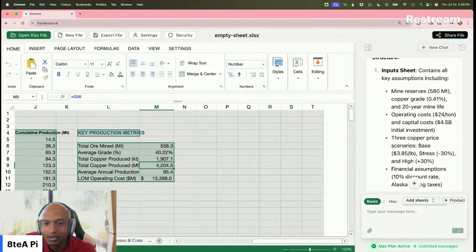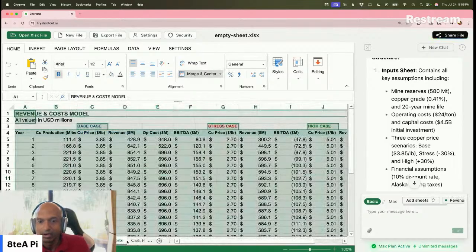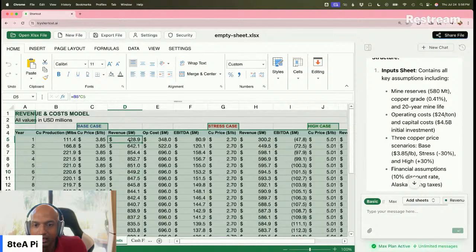All right. Total copper produced 1.9. Total copper mined, life of mine operating cost, revenue and costs. All right. Let's look at this. He thinks it's going to produce 111 million pounds of copper in year one at 385.